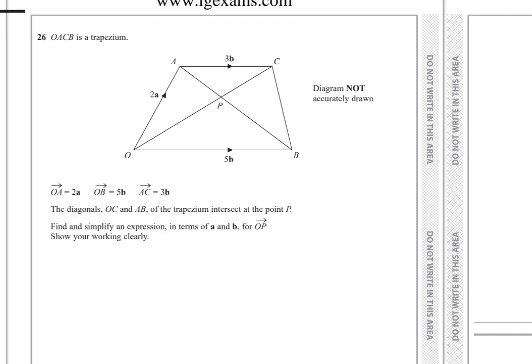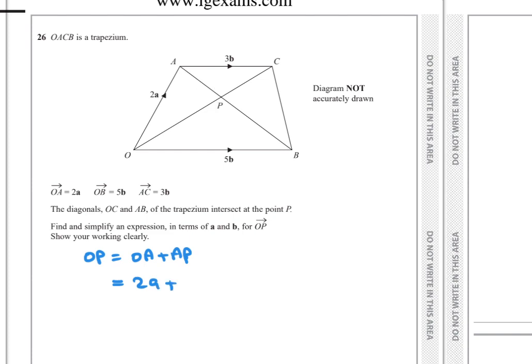OP, we can find OP by adding OA plus AP. So OP equals OA plus AP. OA is 2a.